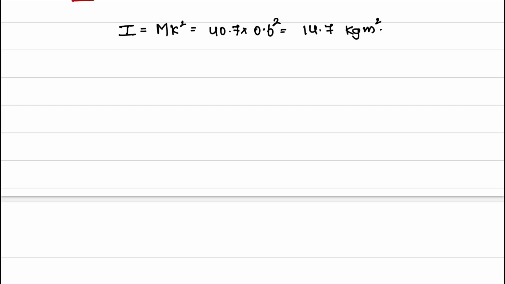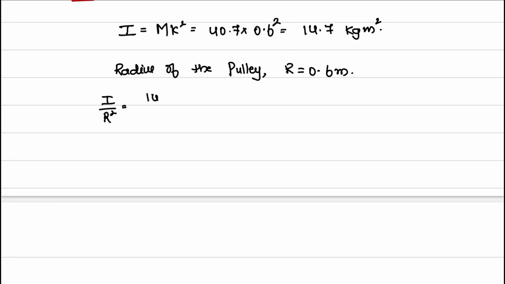R, radius of the pulley, in this particular example, I have taken K and radius as 0.6, but it may differ. 0.6 meters radius of the pulley I have taken. Then, what is the value of I by R square? That is 14.7 divided by 0.6 square.